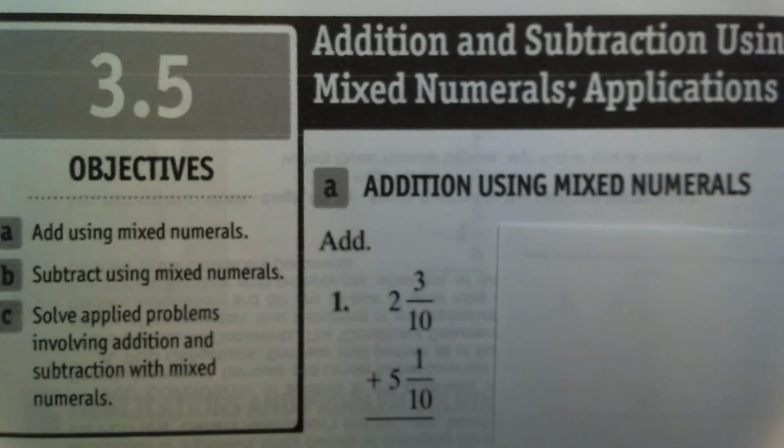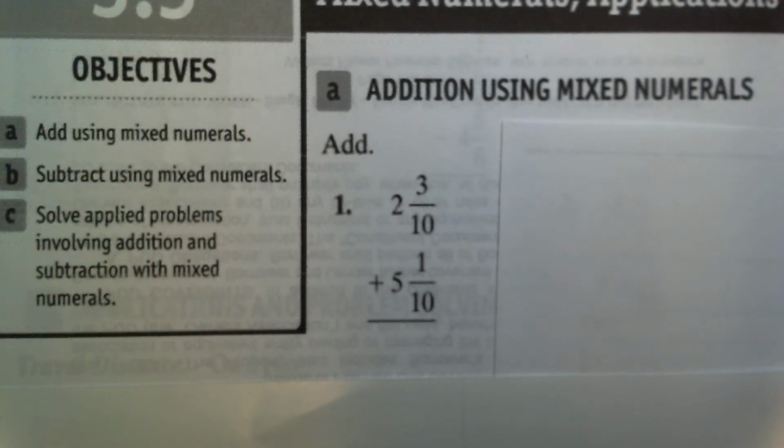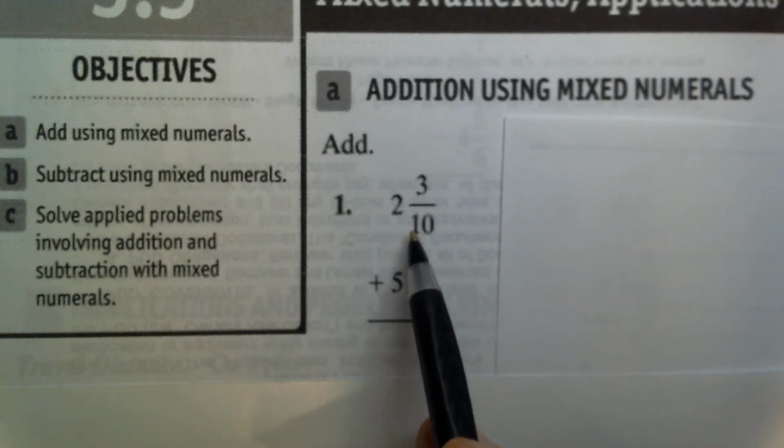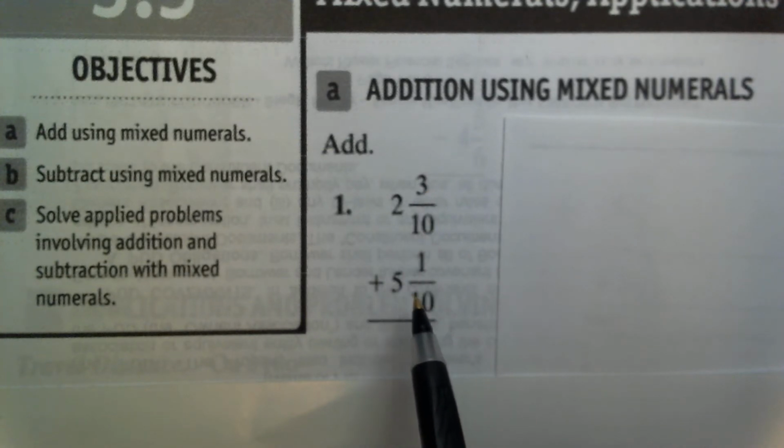So the first example is where we add 2 and 3/10 plus 5 and 1/10. And generally we add the fractional parts first. So 3/10 and 1/10 is equal to 4/10. And 2 plus 5 is 7.